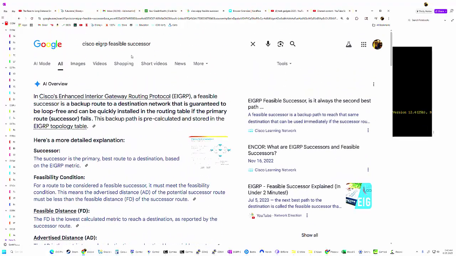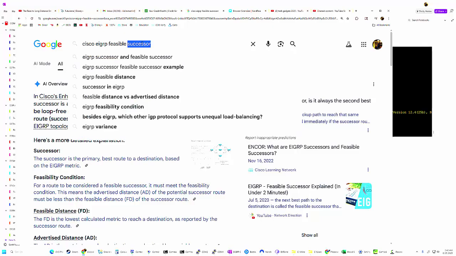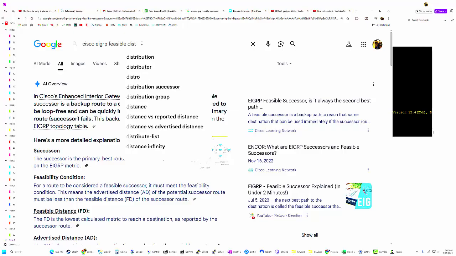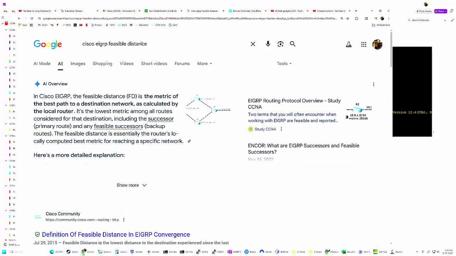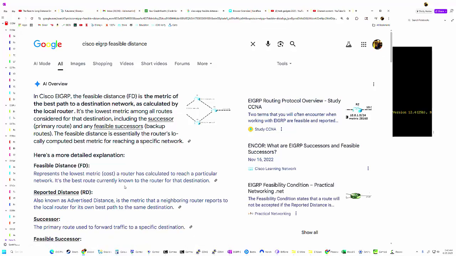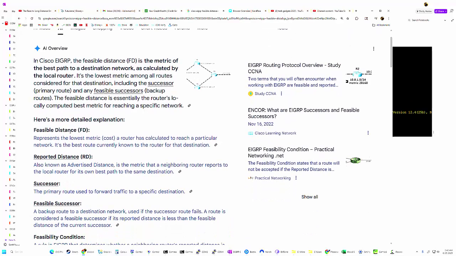And it's not telling me really what a feasible, you know what? Probably because I'm not looking up the correct keyword. Represents the lowest metric. That's the same thing.